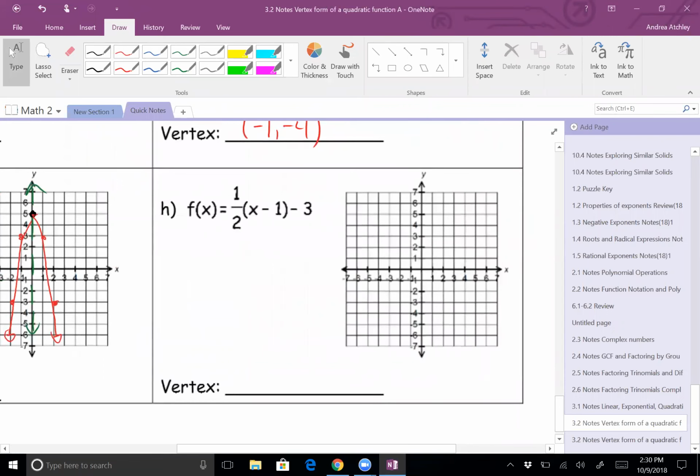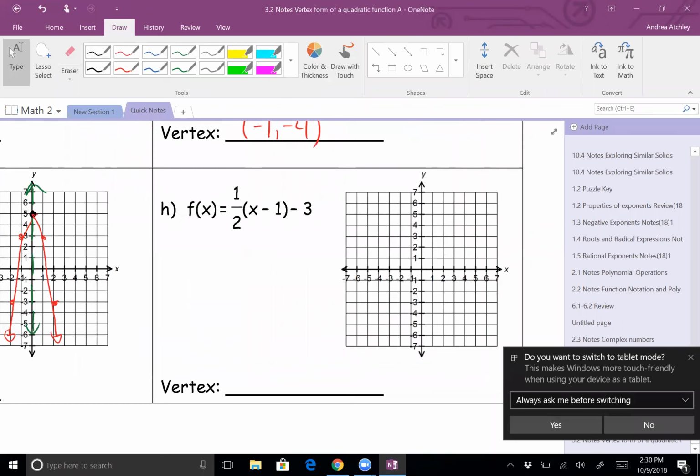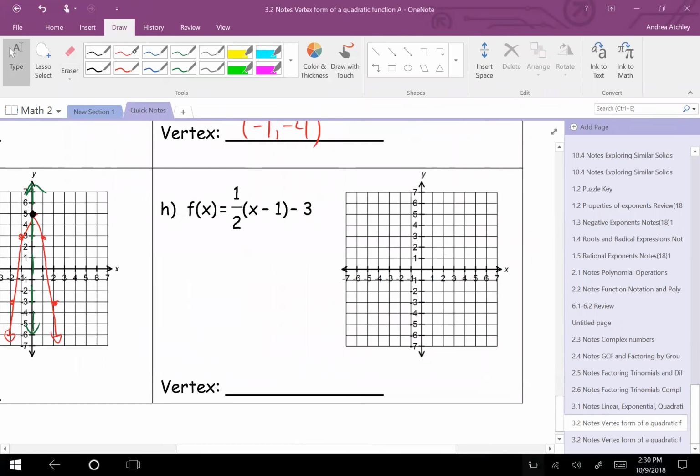Okay, I'm going to write down the vertex. Ronnie, what's the vertex? 1, -3. Very good. 1 and -3.